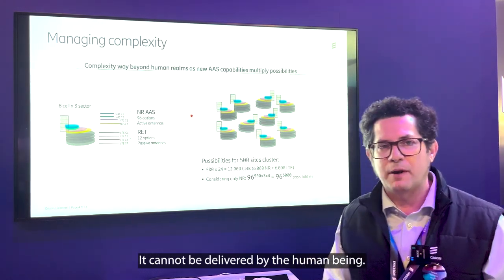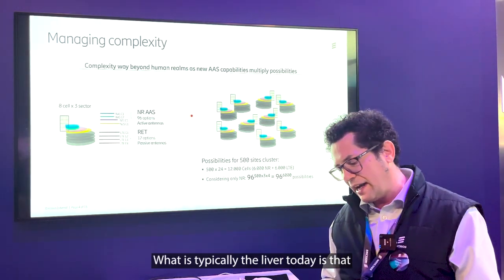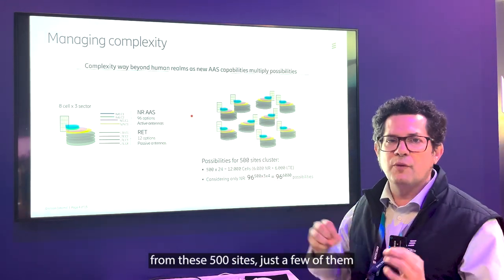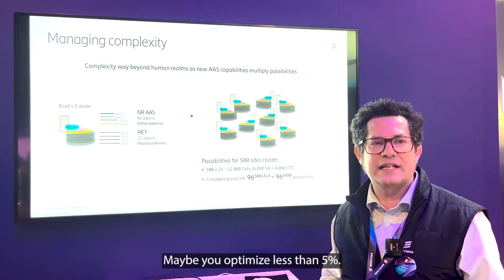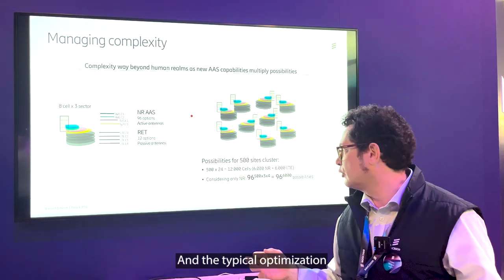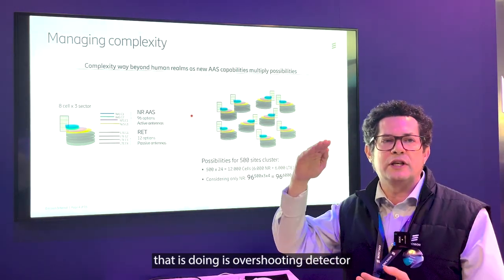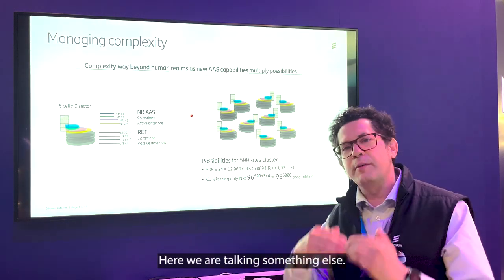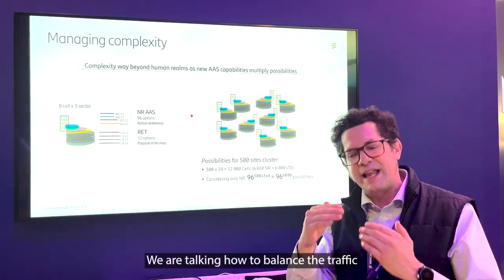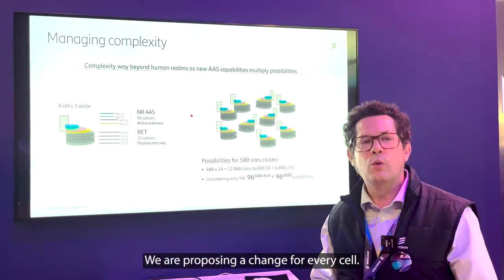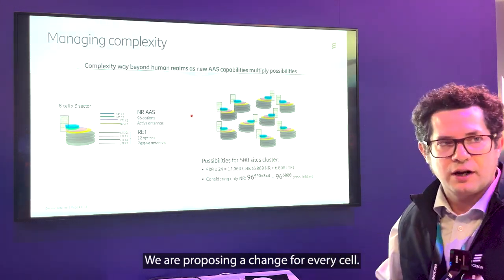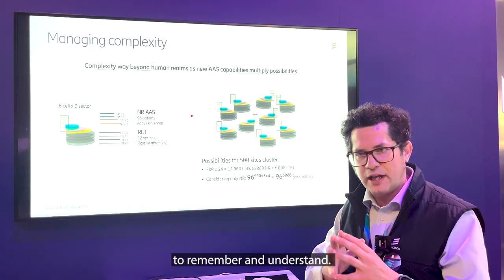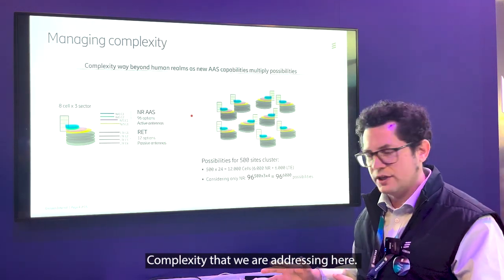It cannot be delivered by the human being. What is typically delivered today is that of these 500 sites, few of them are optimized. Maybe you optimize less than 5%. And the typical optimization being done is overshooting detection or undershooting detection. Here we are talking about something else. We are talking about how to balance the traffic in an efficient way. We are proposing a change for every cell. And this is the complexity that I would like you to remember and understand. The complexity that we are addressing here.